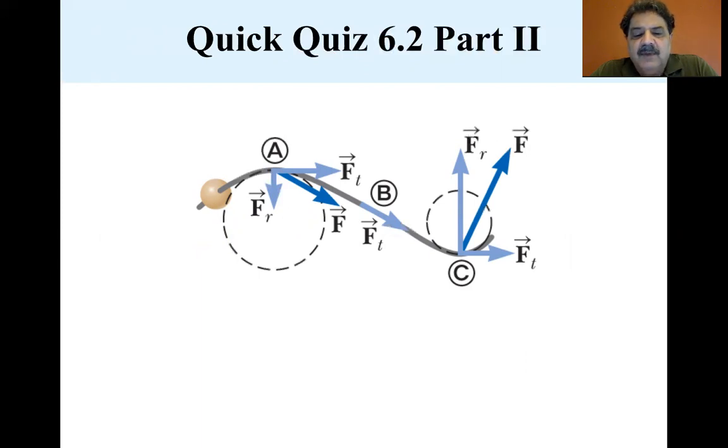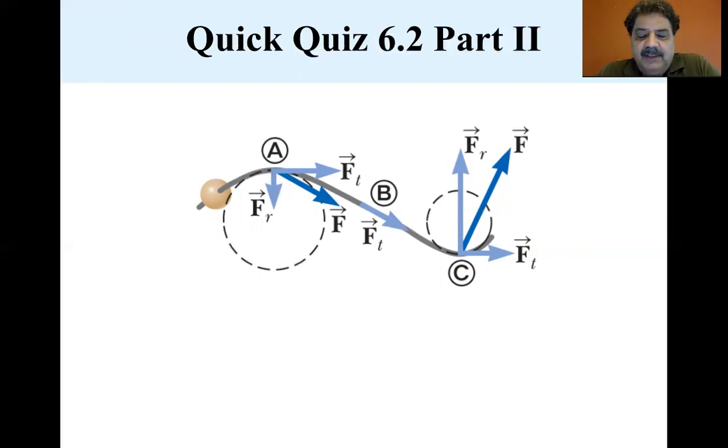So you can see the radial components and the tangential components at both A and C, but at B, it's only the tangential force. There is no radial force because there is no radius.